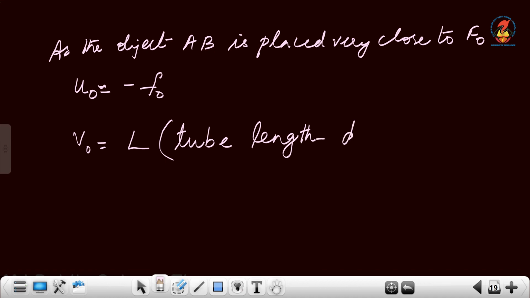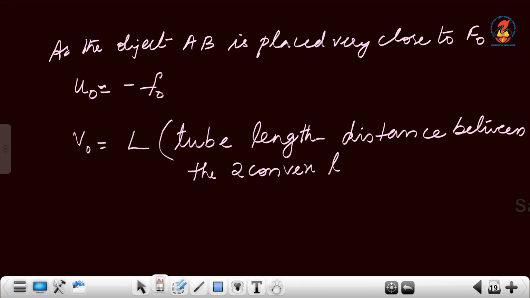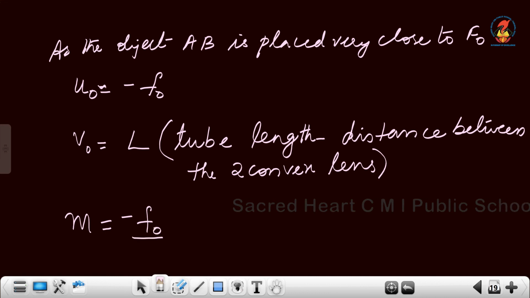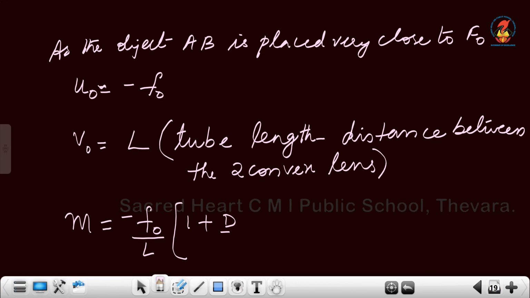Tube length is the distance between the two convex lenses, that is the distance between the objective and the eyepiece. So the magnification equation can be written as M is equal to minus f0 by L into 1 plus D divided by fe.